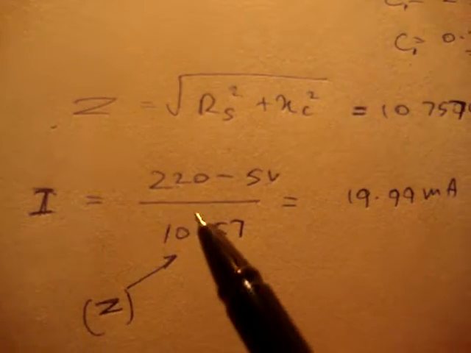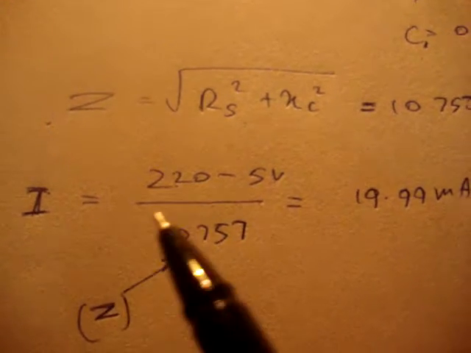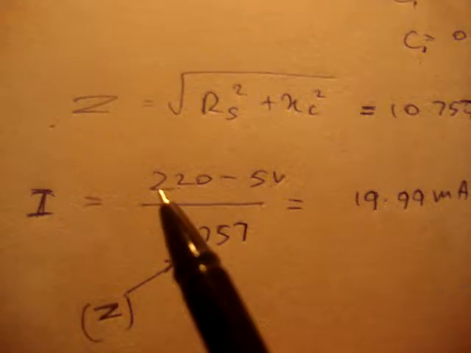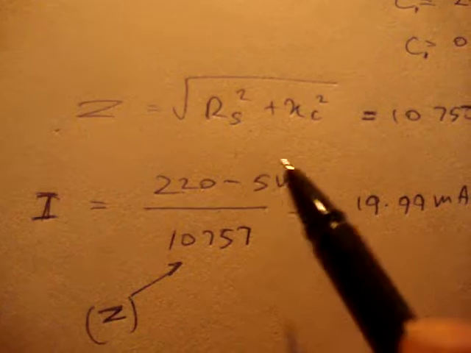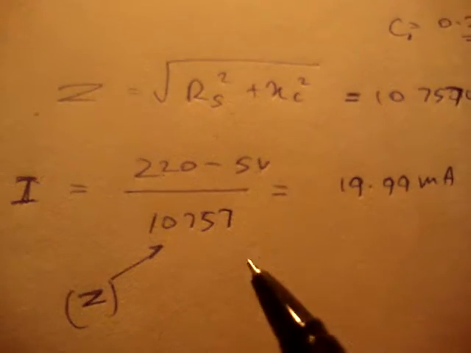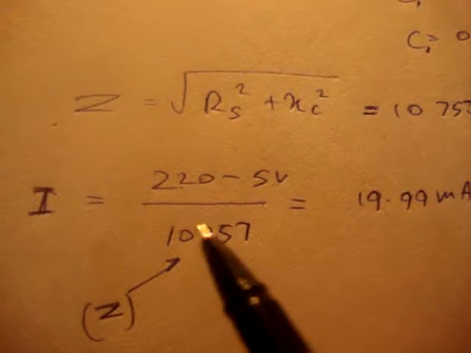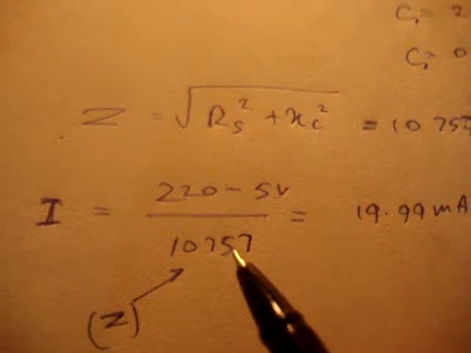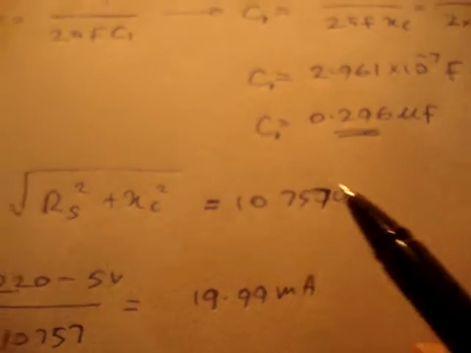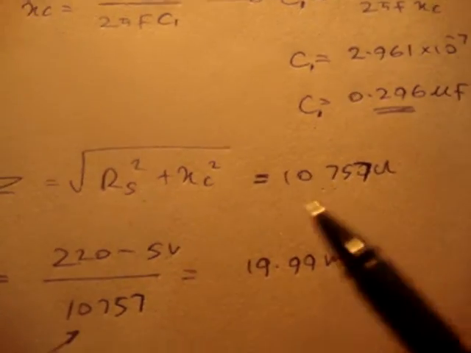Now we have to calculate the actual current from the circuit. 220 volts minus 5 volts, this is my required voltage as given, divided by the Z value, 10,757, I get from the Z equation.